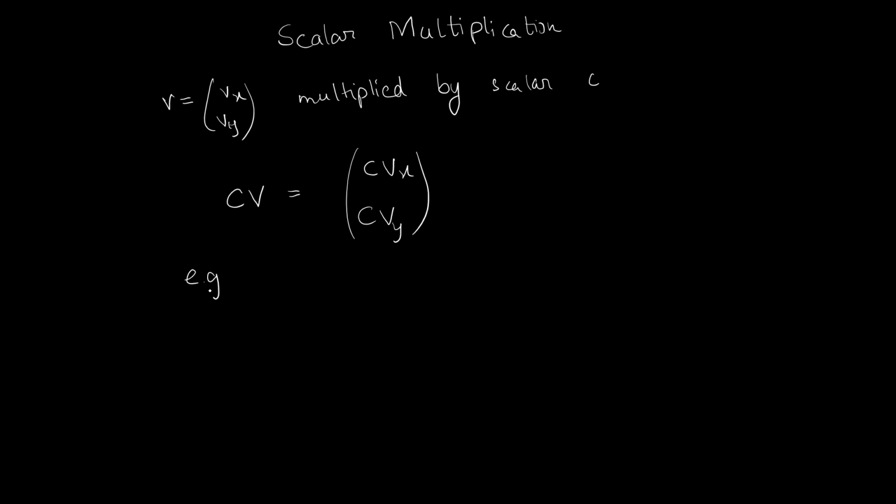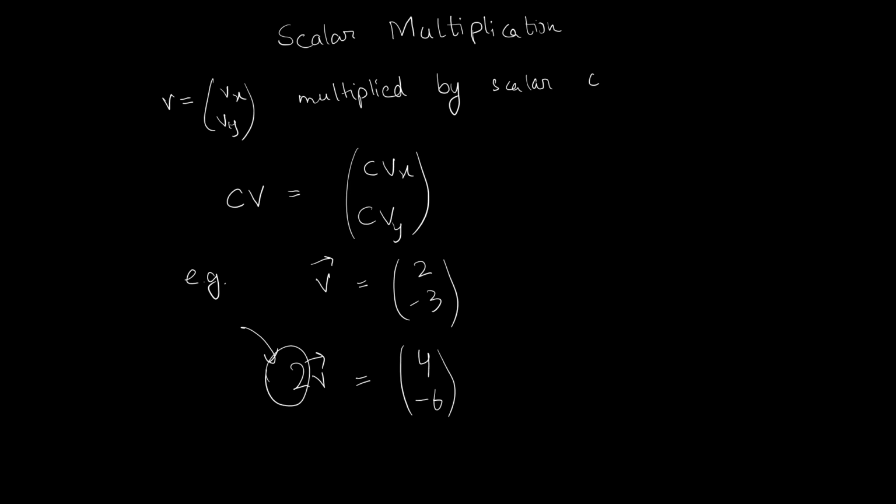For example, 2v would be 2 times 2 and 2 times negative 3. And this scalar would be the magnitude scale, which in this case is 2.